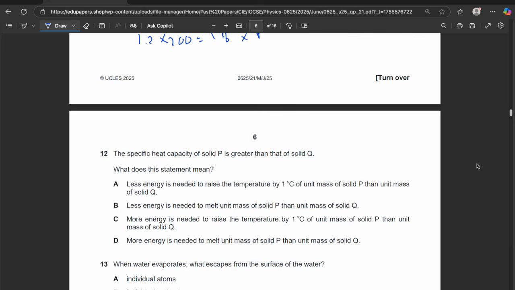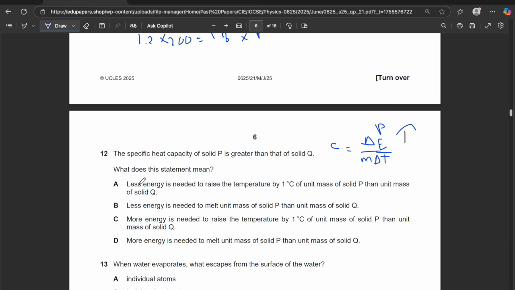12. The specific heat capacity of solid P is greater than that of solid Q. What does this statement mean? Before we think about that, let's consider the equation: C = ΔE divided by mΔT. So P has a greater one, right?